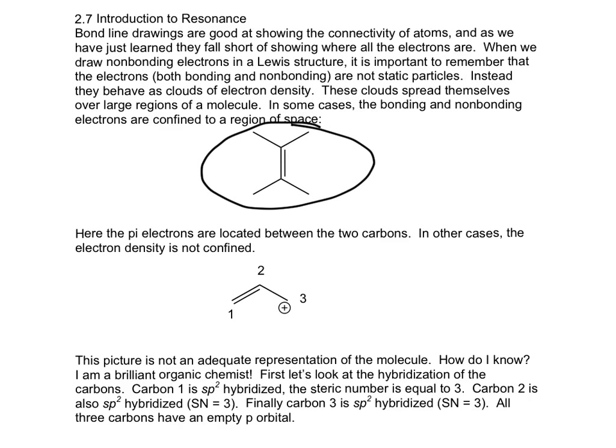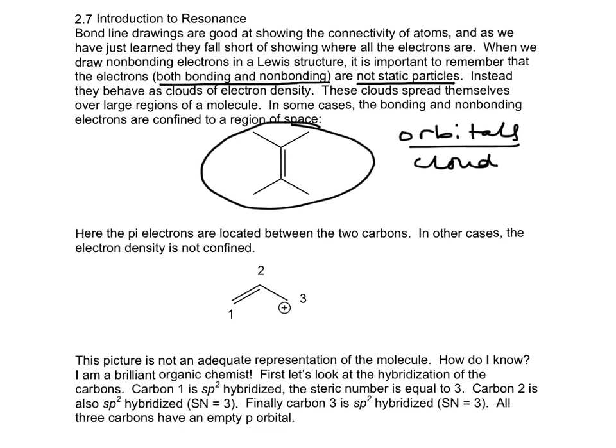So it's important to remember that the electrons, both bonding and non-bonding, are not static particles. They behave as clouds of electron density, and that's why we characterize them in orbitals, because it's a cloud. Now, these clouds can spread themselves over large regions of a molecule.